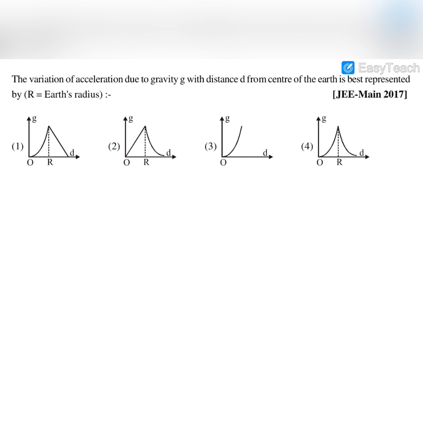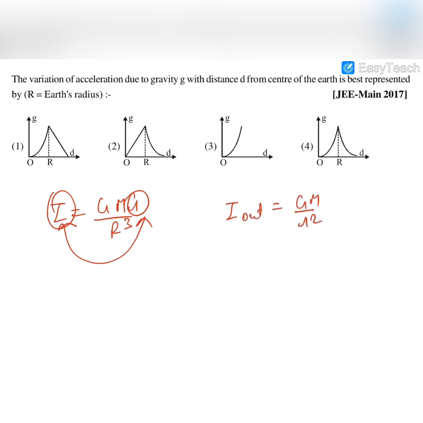We know that the earth is a solid sphere, and inside a solid sphere the gravitational field intensity is G M r by R cube, so it is directly proportional to r, and outside it is G M by r square, so it is inversely proportional to r square. So inside the sphere the graph would be a straight line, and outside it would be a hyperbola. So the correct answer is the second.